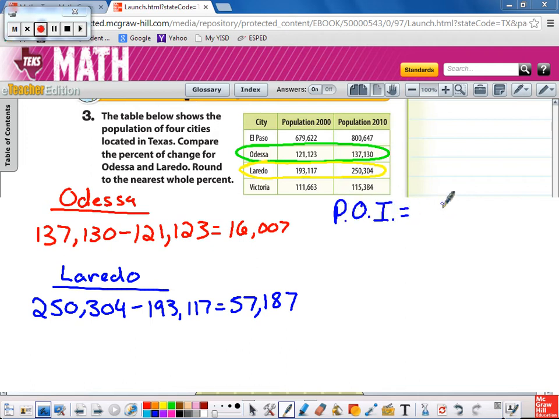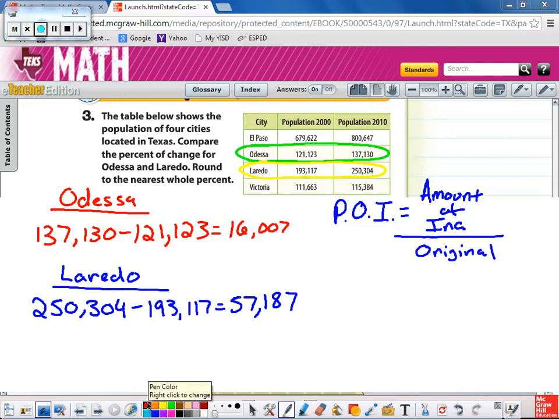So now that I have my amount of increase, I need to find my percent of increase. And remember, my percent of increase is the amount of increase over my original amount. So first I'm going to do Odessa.